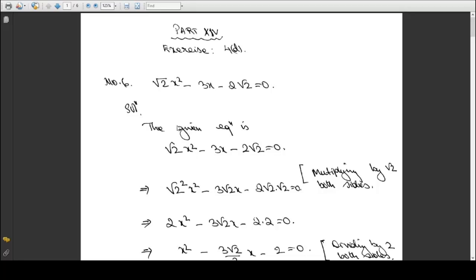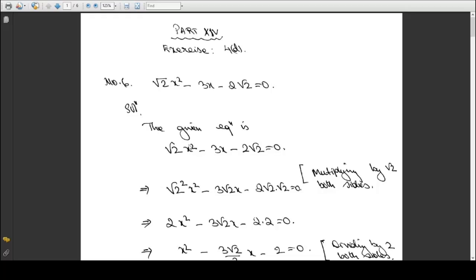Now to solve the equation by completing the square, please remember that the first term should have only x squared and not any other coefficient.